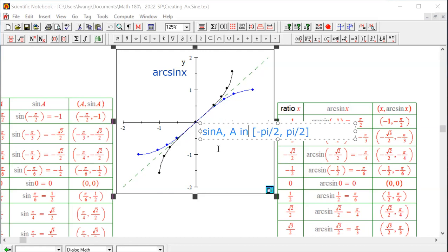So this function, the blue function we have here, actually is different from the sine as we know it. Okay? In the future, whenever the sine function is mentioned, it's never meant to be this one, which is a result of truncation. It's always referring to the function we know as sine.